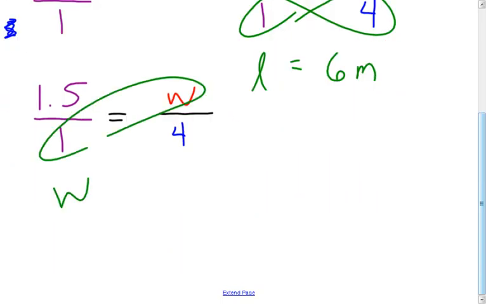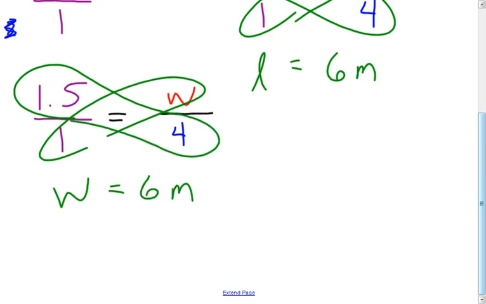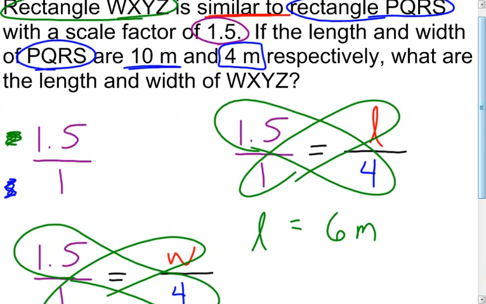So W, or the width, is going to equal, oh, I screwed that up, didn't I? Well, this is the width, I just did this. This is going to be 6 meters. Sorry about this. I'm going to have to go back and do a little fixing. Hopefully somebody noticed that. This number right here should have been 10 because I was dealing with lengths, which is going to change this.